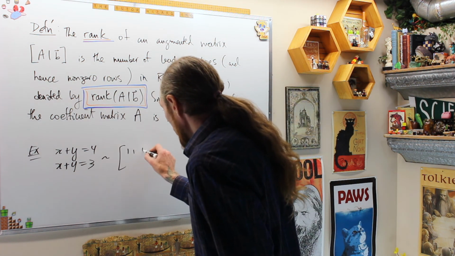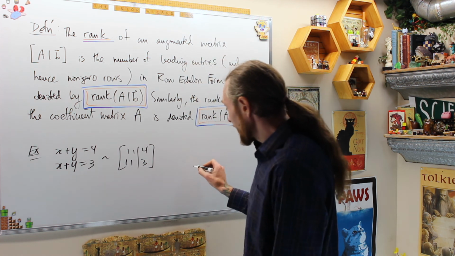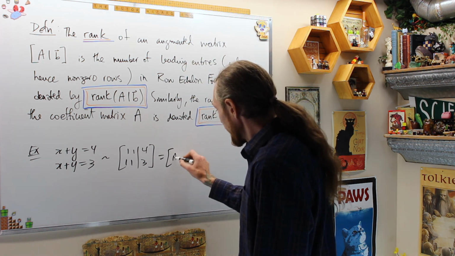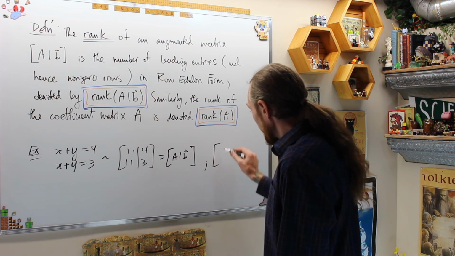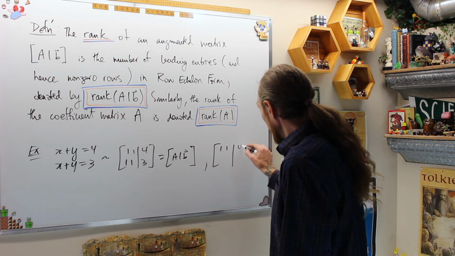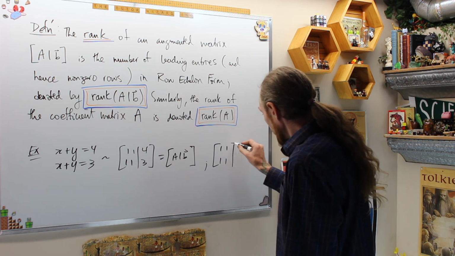That gives me 1, 1, 4, 1, 1, 3. This is the augmented matrix. And the coefficient matrix is 1, 1, 1, 1, just without the column.